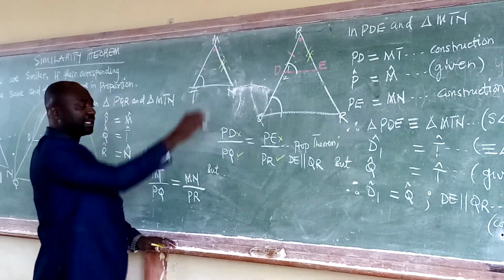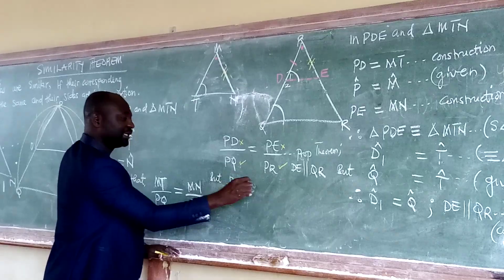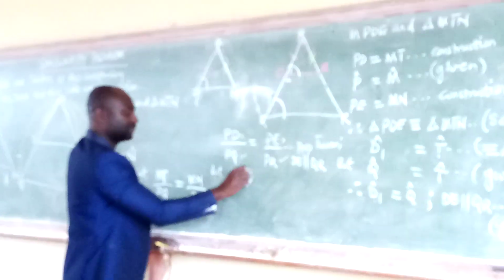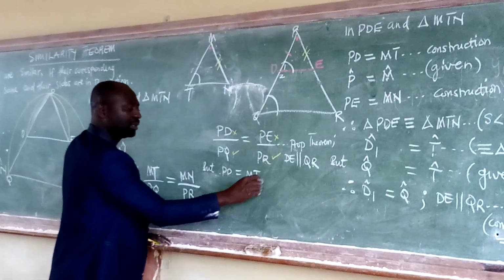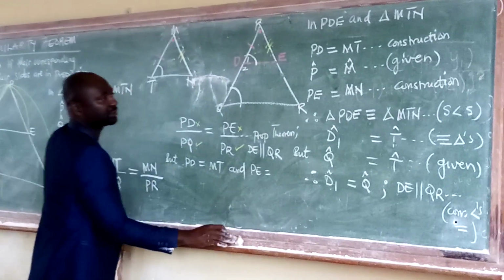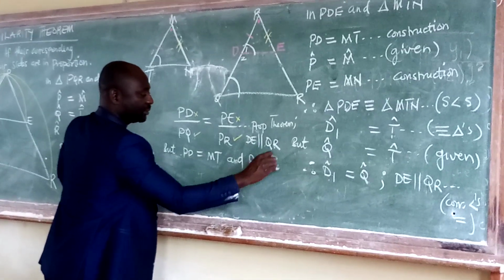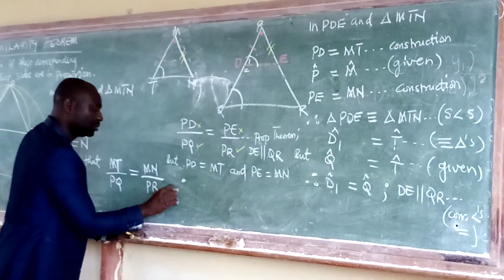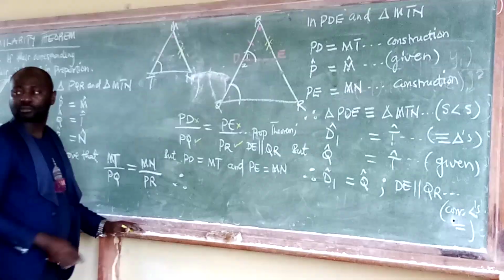Make a conclusion there. What is PD? PD is the same as what? MT. You proved it already. And PE is also the same as what? MN. Therefore, you conclude, copy this and paste it there.